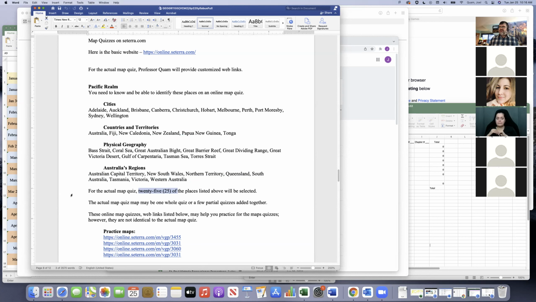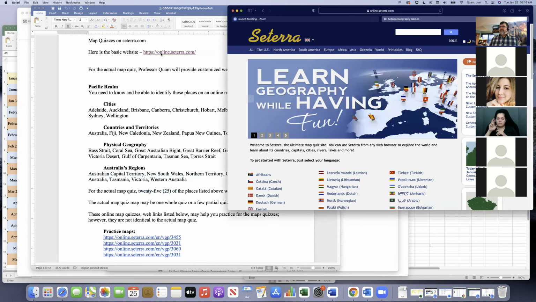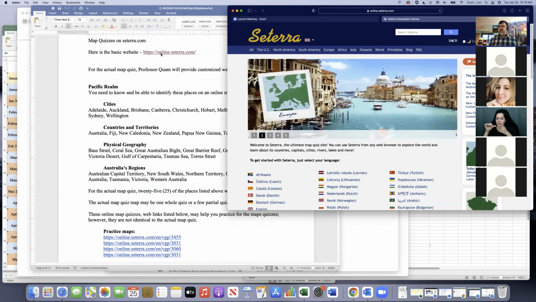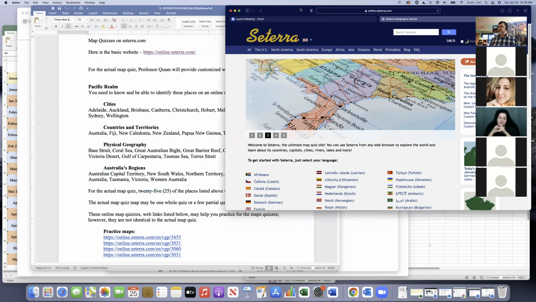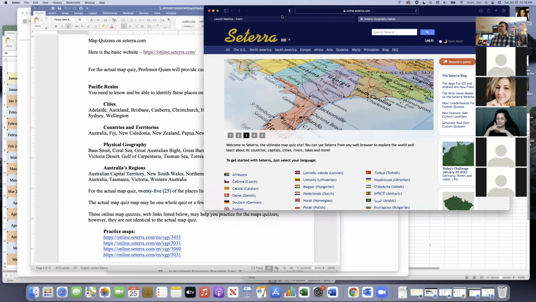And the map quiz itself will be on this website, SETerra. So there is the main page for this website, and they have all sorts of different map quizzes available there. You can even choose different languages to do the map quizzes.